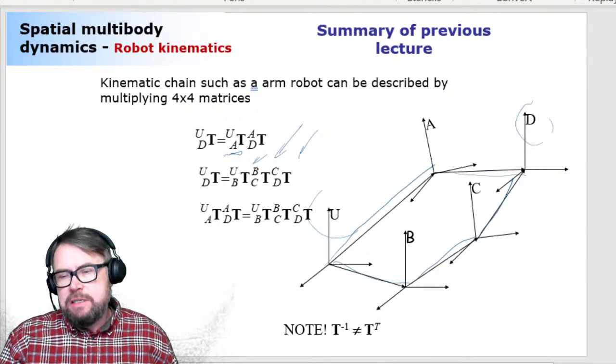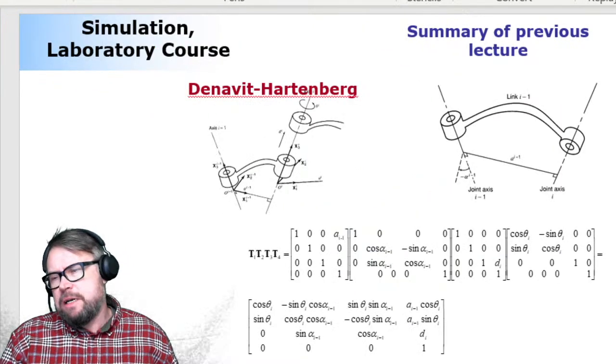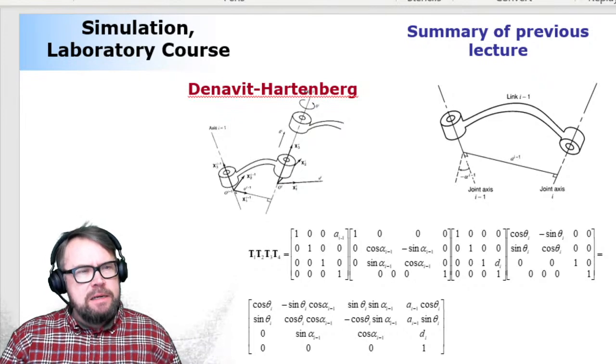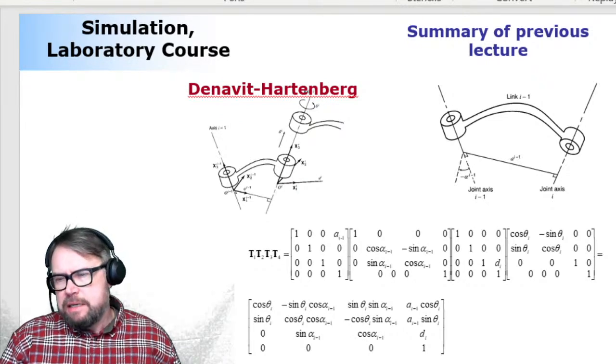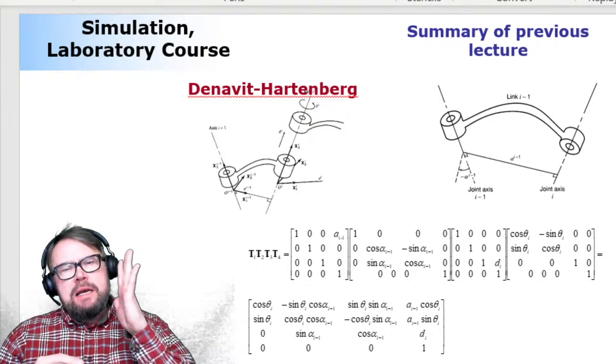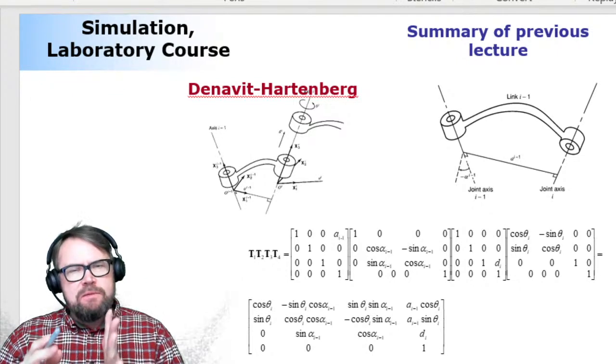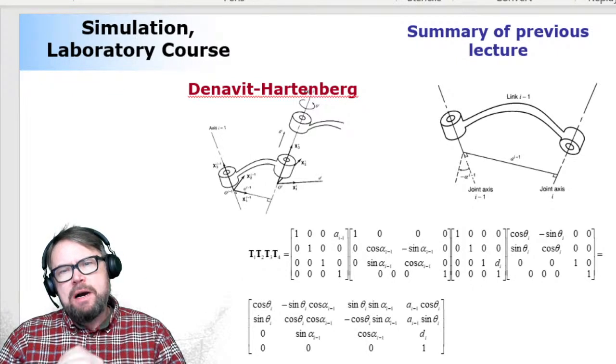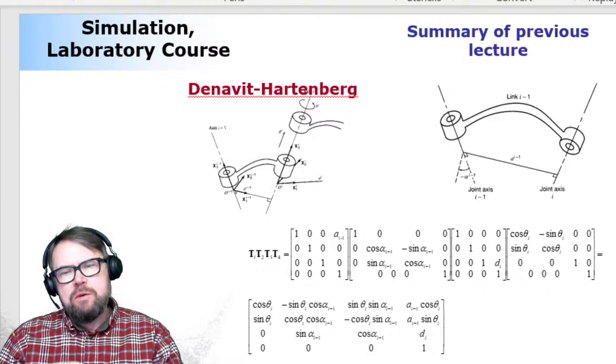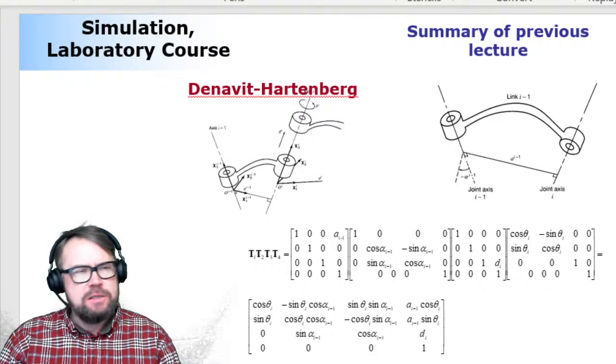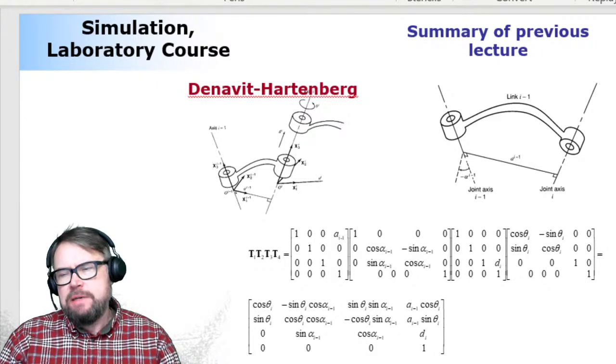And it really becomes easy when you're using some tailor-made technique like the Denavit-Hartenberg technique. The idea in the Denavit-Hartenberg technique is that it accounts only for several different ways that the bodies can move with respect to each other. That's the core content of it.